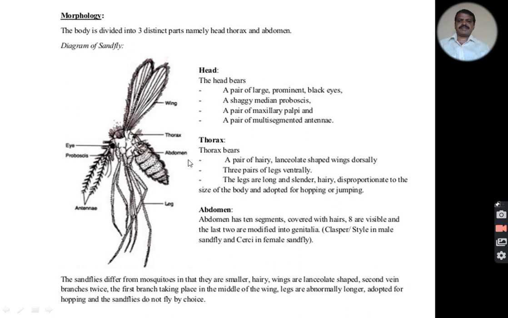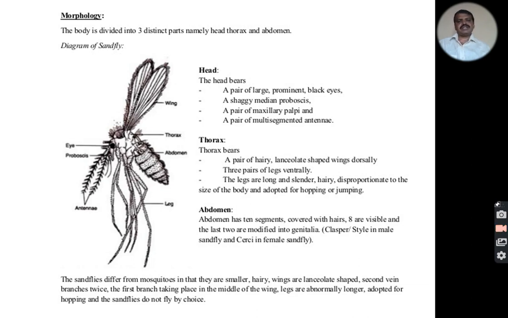The next is the thorax. The thorax is the middle part. Usually it is made up of 3 segments, that is prothorax, mesothorax and metathorax, right? So a pair of hairy lanceolate shaped wings are usually attached to the thoracic region dorsally. There are 3 pairs of legs attached ventrally, each pair attached to each segment, that is prothorax, mesothorax and metathorax.